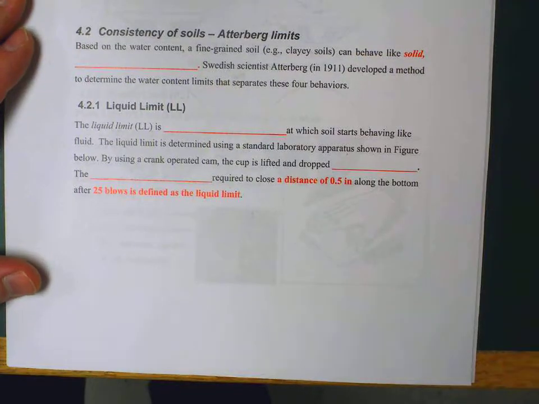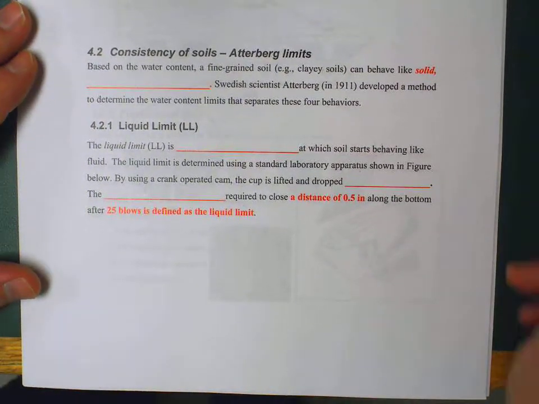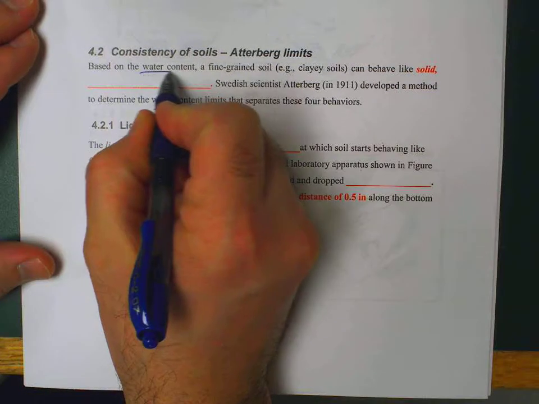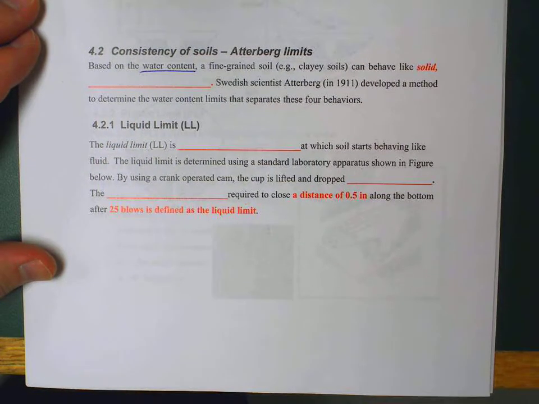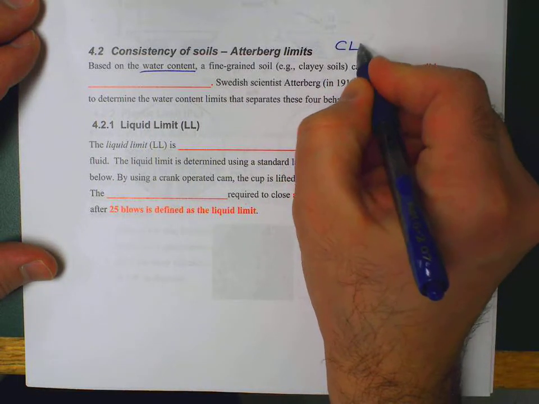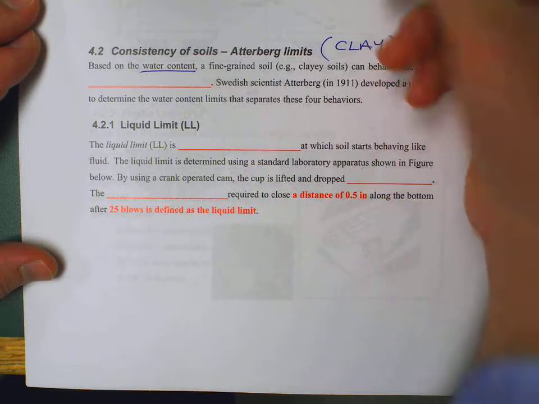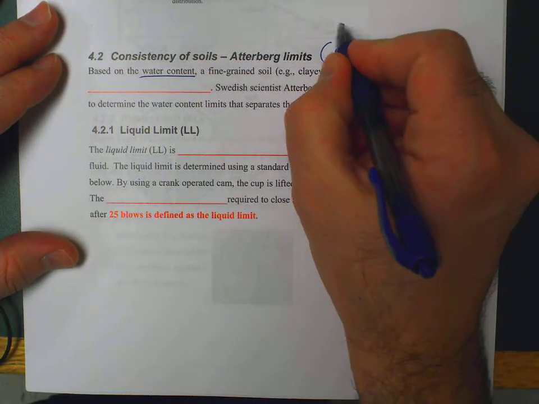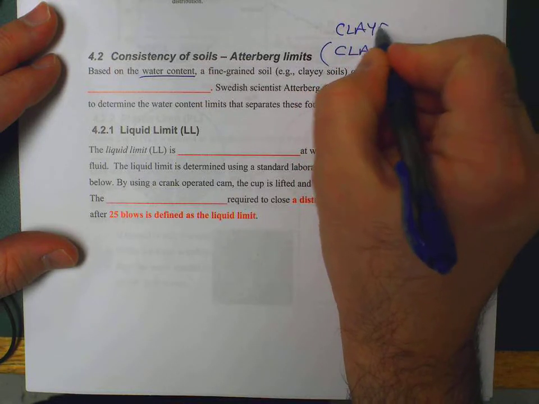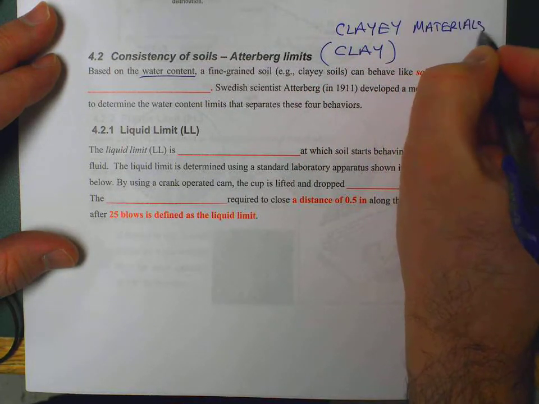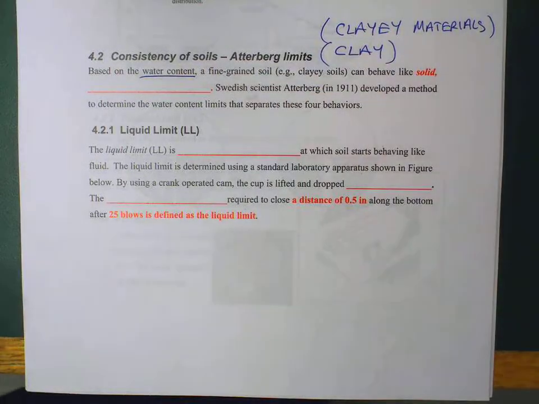Now we're going to move to Atterberg limits, as I did at the beginning of the class with the plate and everything, based on the amount of water that is in clay. Now we are getting into clay. So we are switching from sand to clay, or clayey materials.